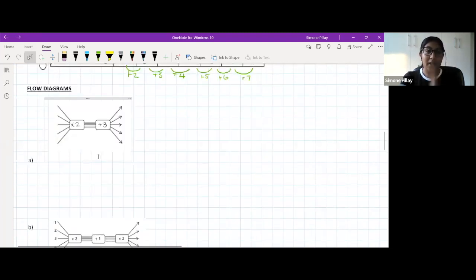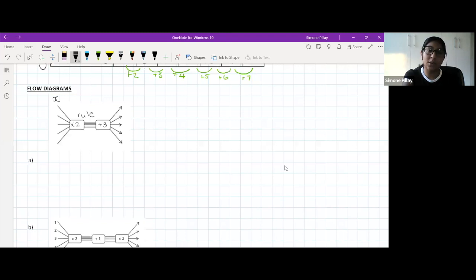Moving on, we now have our flow diagrams. Our flow diagrams are very similar to tables, except here, what do we have? My X inputs are going to go on the left-hand side of my flow diagram. The middle tells me what my rule is.